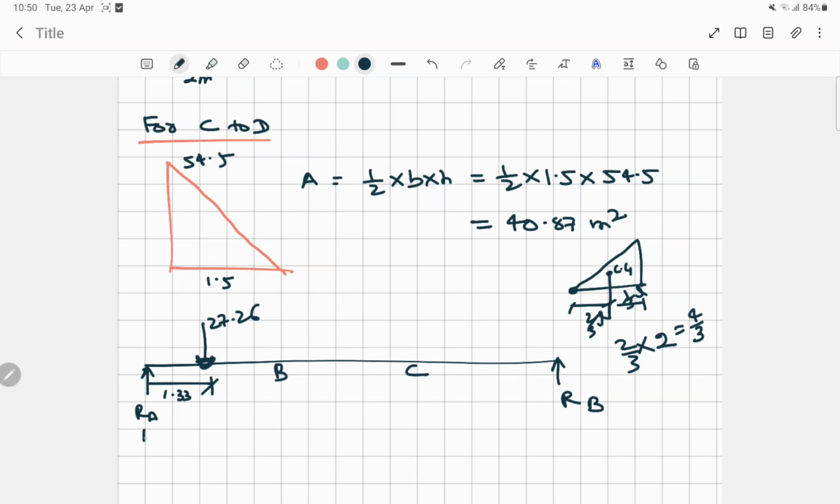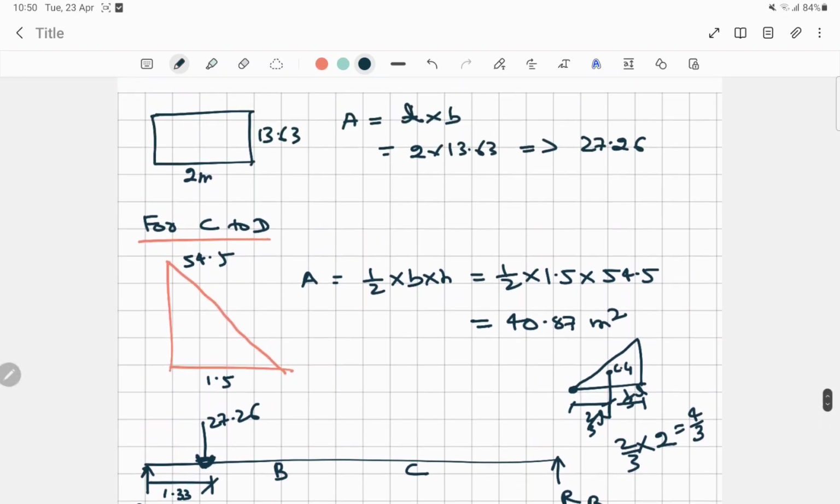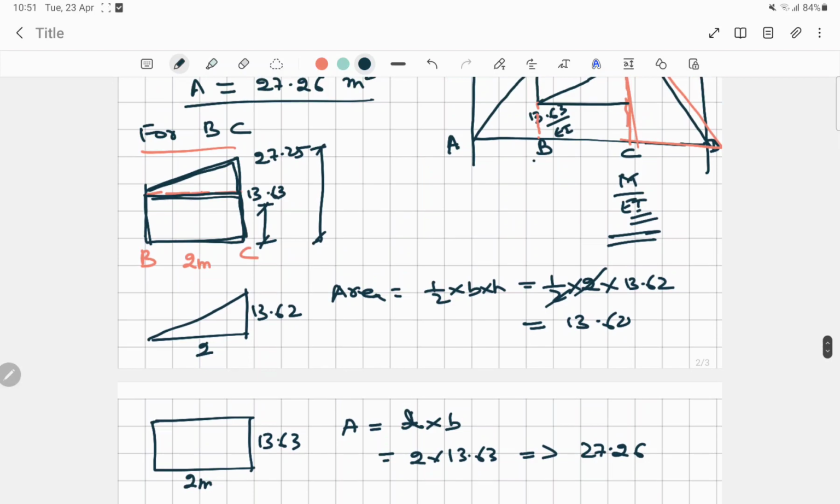The whole distance was 2 meter, so if we subtract 1.33 we'll get the remaining distance. Just solve it.